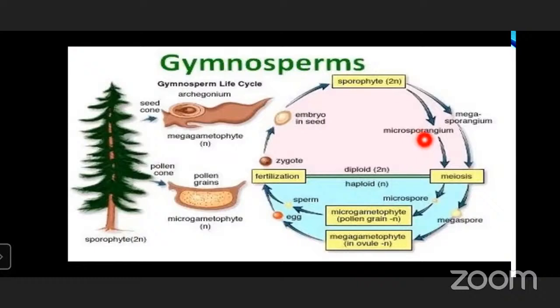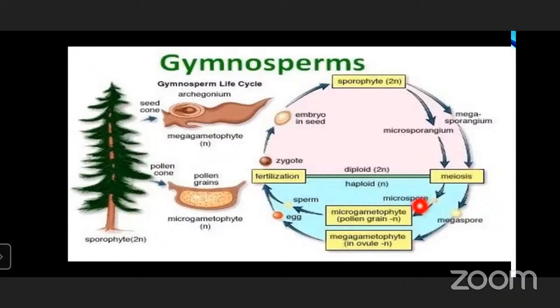Next, the microsporangium also divides meiotically. This microsporangium consists of microspore mother cells. Microspore mother cells are diploid, and they divide meiotically to form haploid microspores. These microspores as well as megaspores are the first cells of the gametophytic generation.